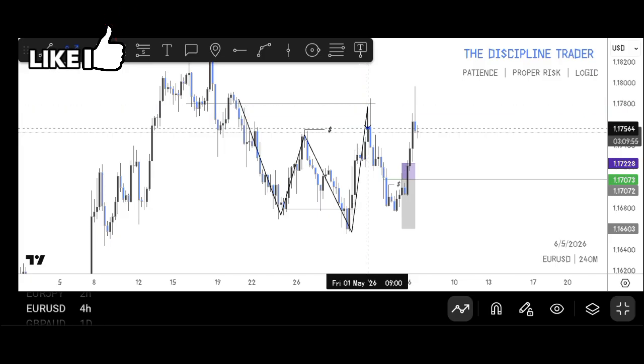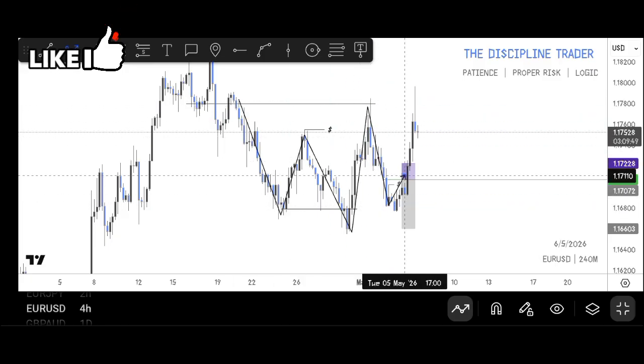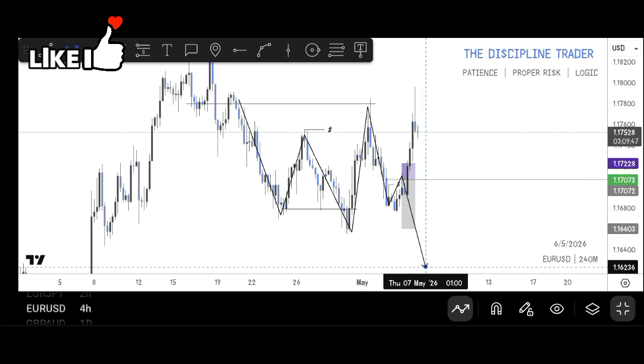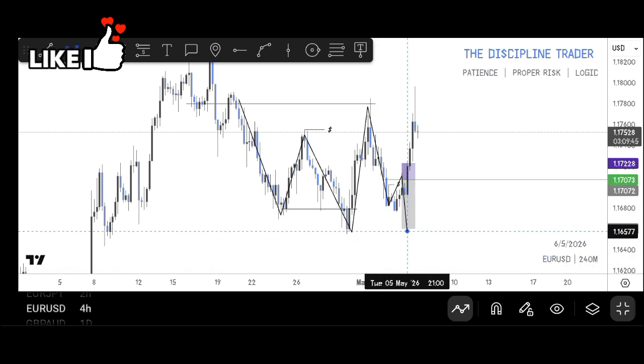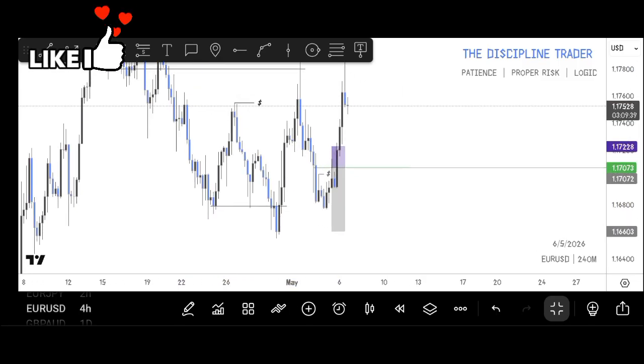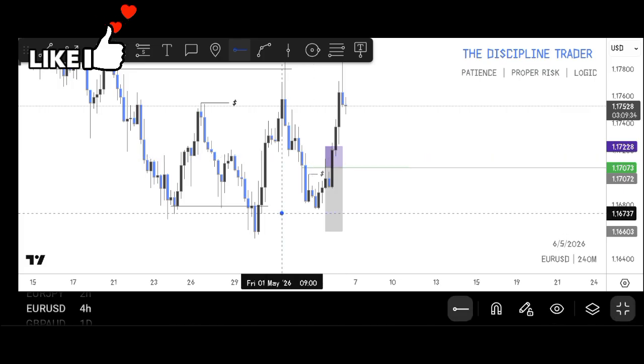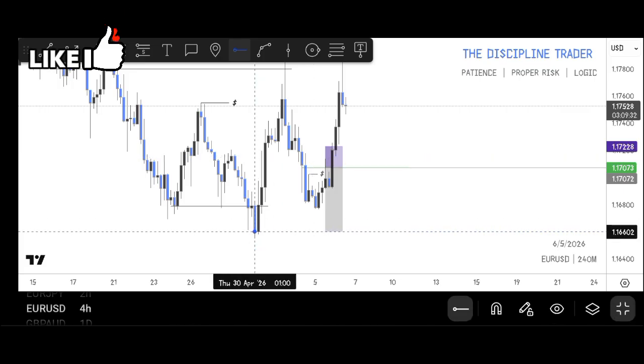So I was trying to ride the continuation move to the downside, which was my take profit. I already had my bias that I would ride the continuation to this level right here. This is my V-shaped key level, because price has not got into that area.